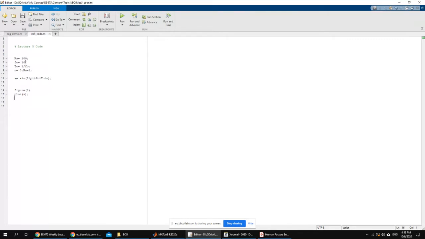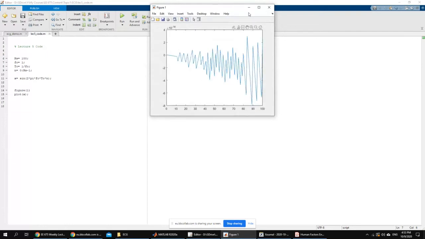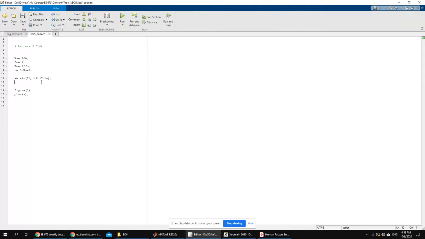I would like to have at least 10 samples every f node. Obviously, something is terribly wrong here. Oh, okay, f naught is different here. I'm sorry, the sampling frequency is different.